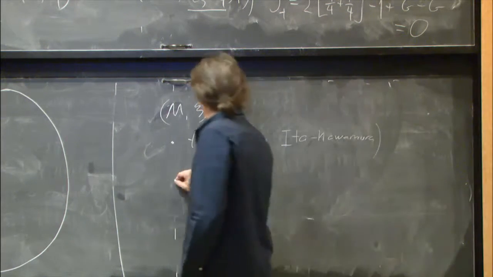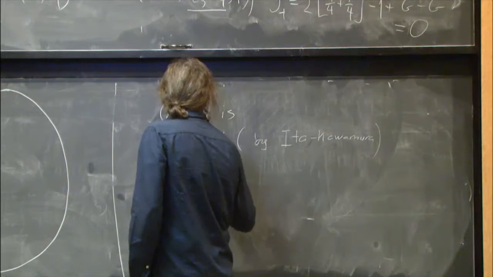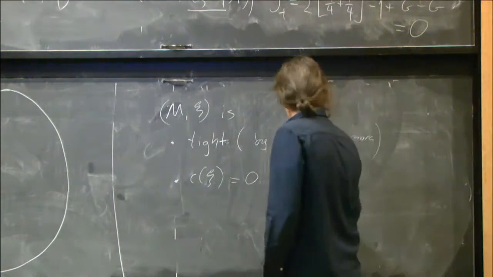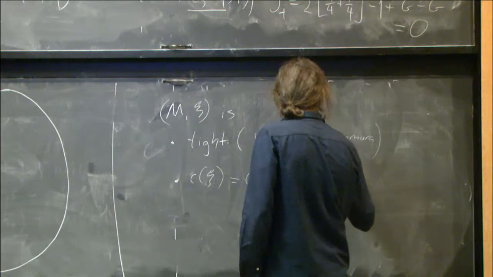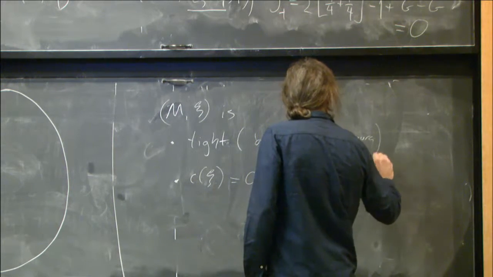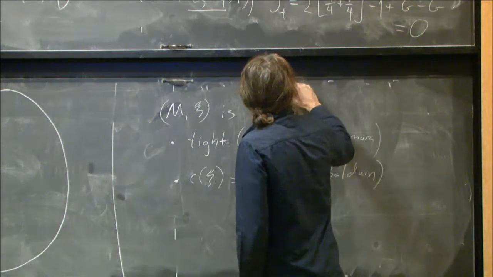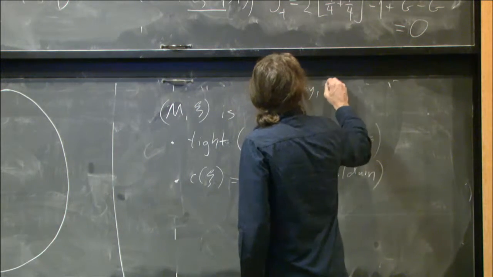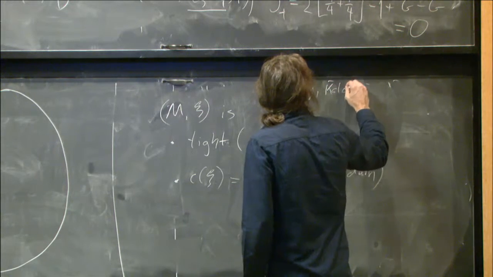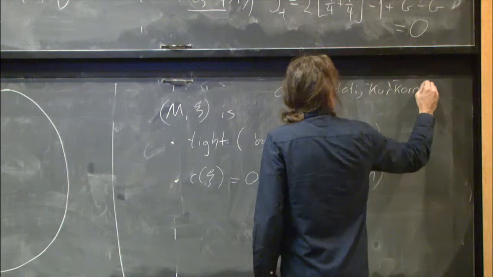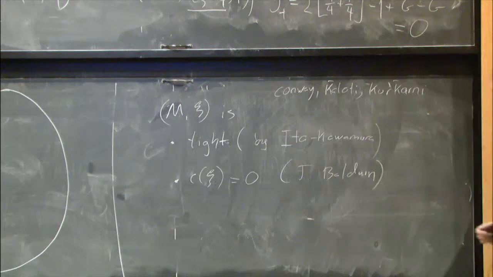Its contact invariant is 0, so it's not fillable. This would be due to work of John Baldwin. And all of this was noticed by, we should write, Conway, Min, and Kulkarni.